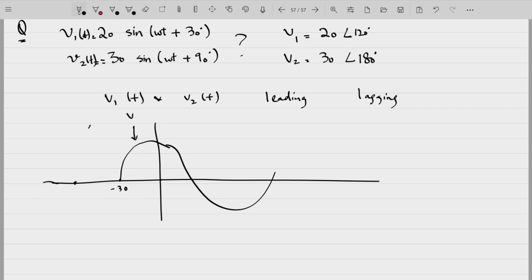This is v1, this is v2, starting from -90. अब बोलो v1 लीडिंग है कि v2 लीडिंग है? So v2 is leading, v1 is lagging.